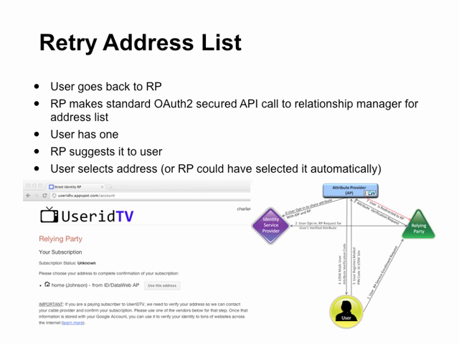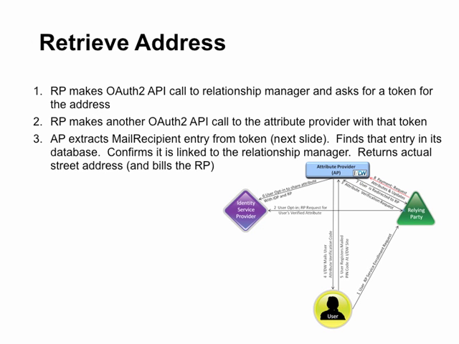So what happens after the user selects that address or the website wants to check it? Well, now the relying party goes back to the API that provides the list of street addresses and says, hey, I'm interested in this home address that came from the ID DataWeb attribute provider.